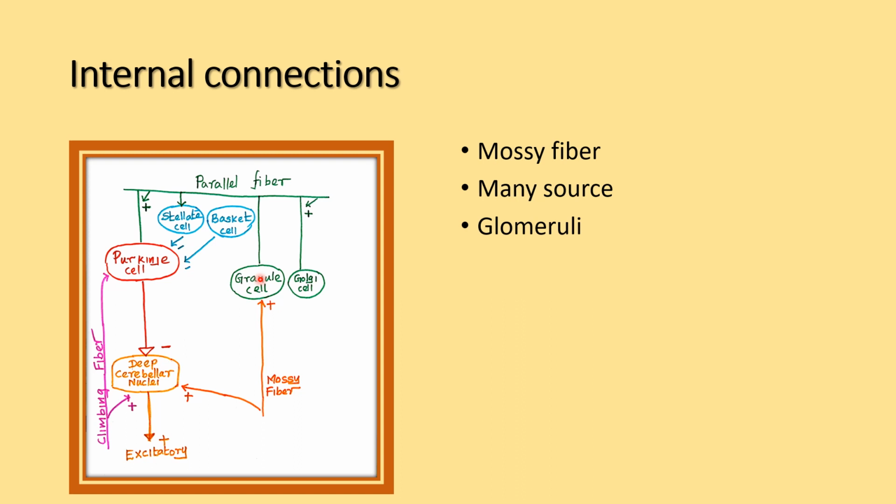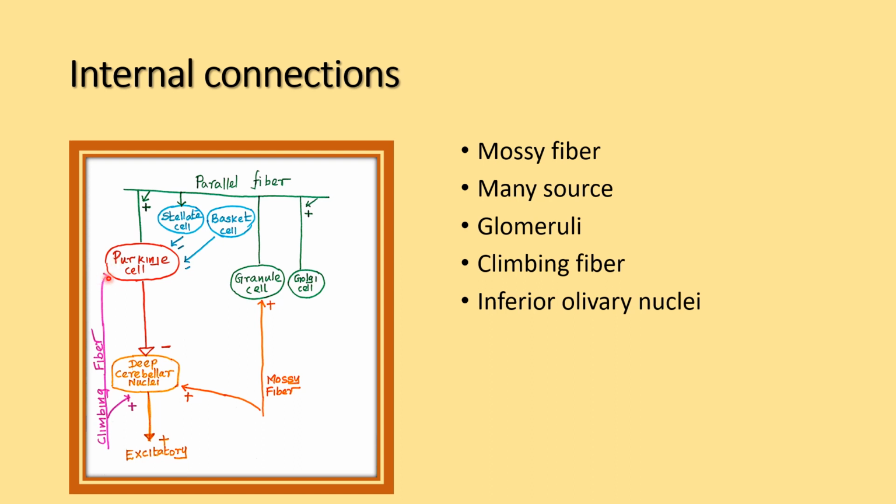The mossy fiber input goes to many Purkinje cells; one mossy fiber connects to millions of Purkinje cells. But the climbing fiber has only one source, the inferior olivary nuclei, to the Purkinje cell.